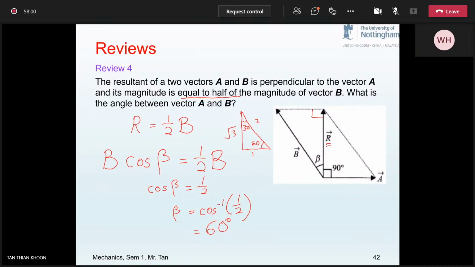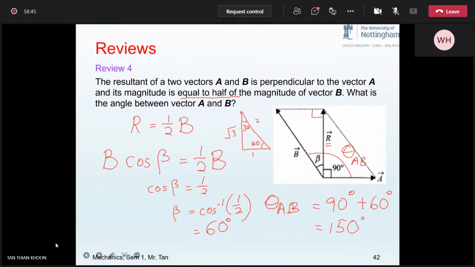Therefore, the angle between A and B, which is this one, is 90 plus 60. Everyone got it? Yes, sir. Okay, good.